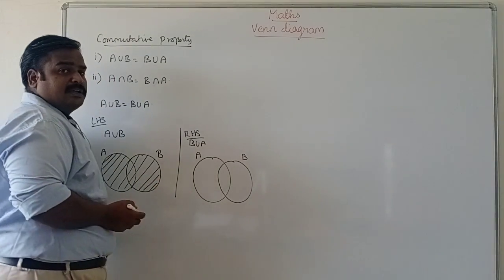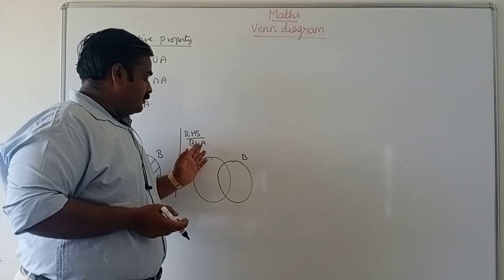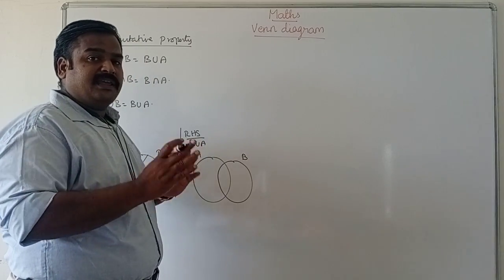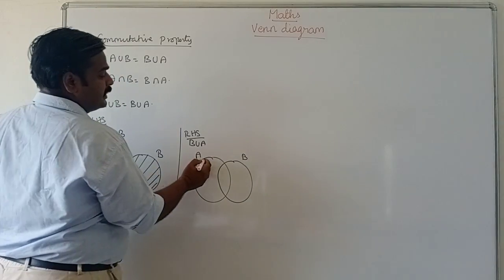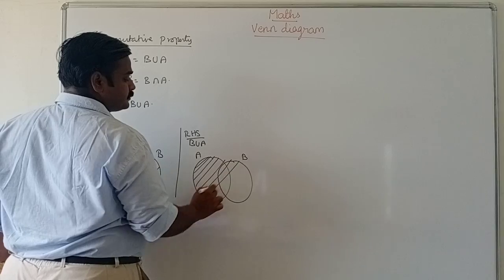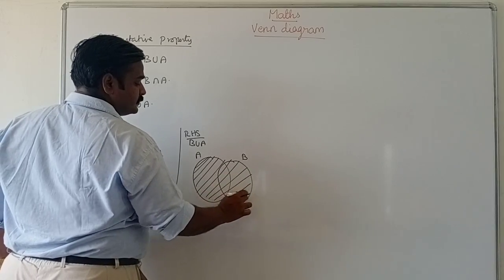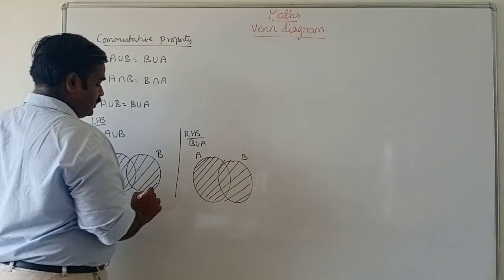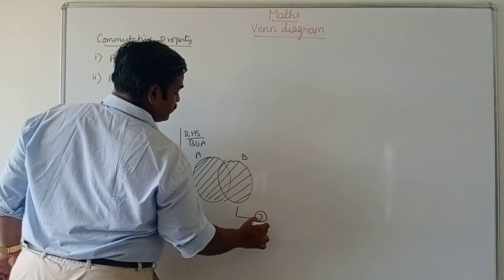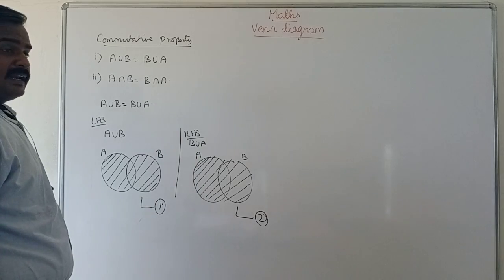And what is B union A? It's very much the same. You are going to shade B as well as A, completely. Shade A and B completely. This is what we call B union A. Once again we have shaded everything. Take this as diagram number 1 and this as diagram number 2.